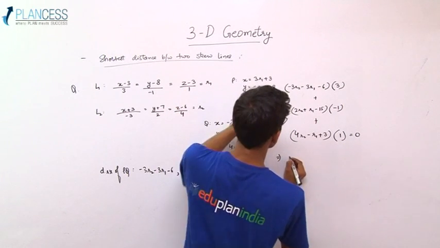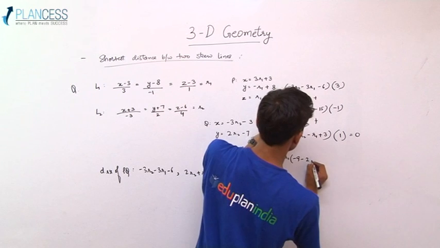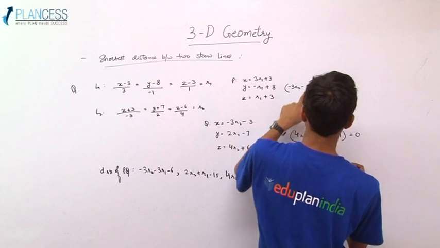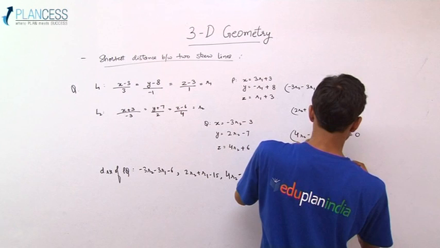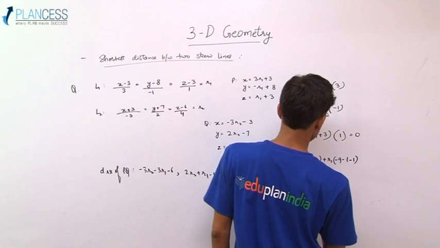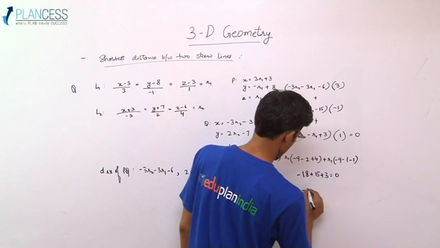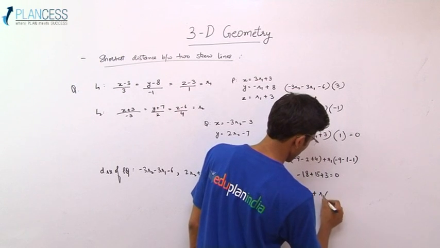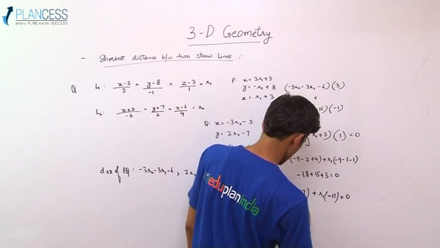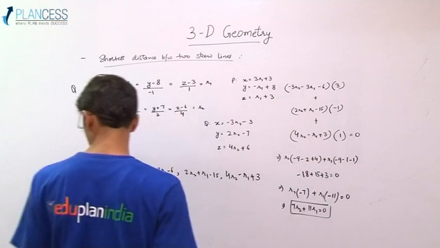So that is R2 times (minus 9 minus 2 plus 4), R1 times (minus 9 minus 1 minus 1), then minus 18 plus 15 plus 3 is 0. So this is R2 times minus 7, plus R1 times minus 11 is 0. So this gives 7R2 plus 11R1 is 0. This is the first equation.